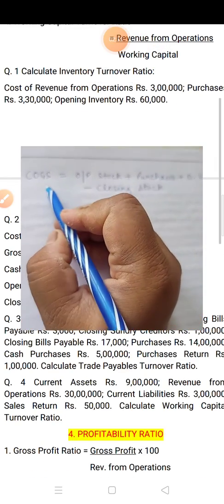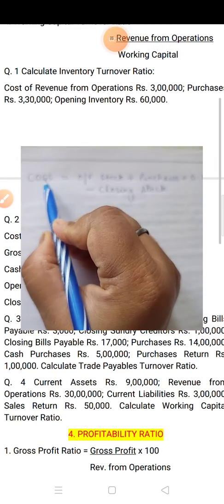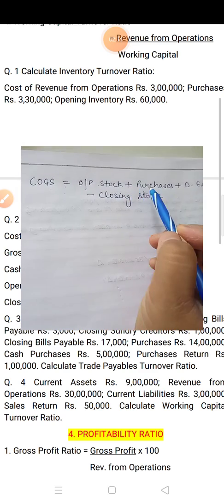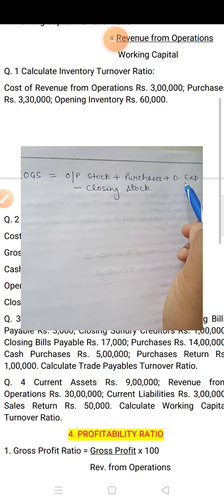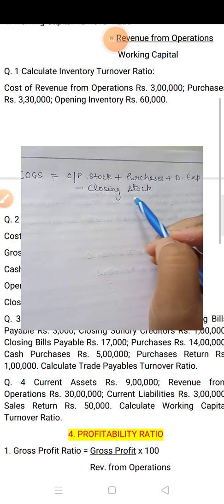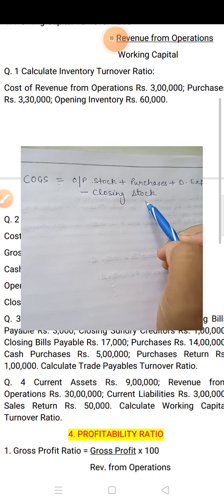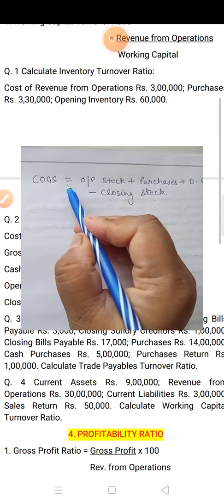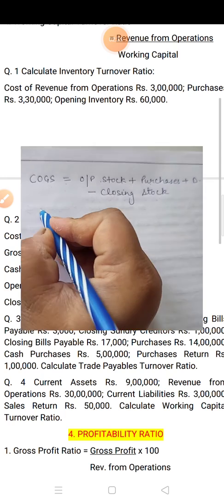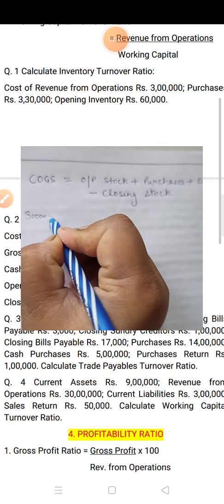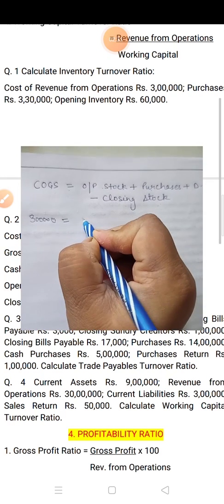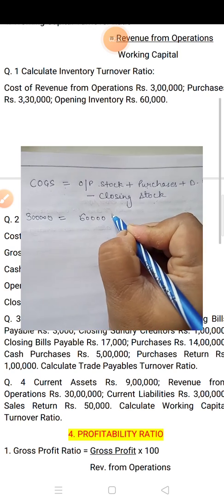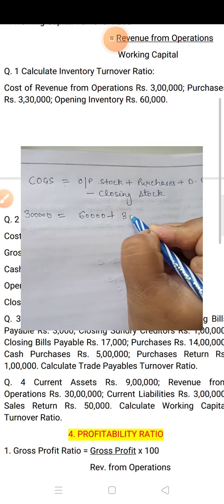See children, this is the formula for cost of goods sold. Cost of goods sold is equal to opening inventory plus purchases plus direct expenses minus closing stock. So you have to find out the closing stock, it means closing inventory. COGS is given in question, it is 3 lakh, is equal to opening inventory 60,000 plus purchases 3,30,000.